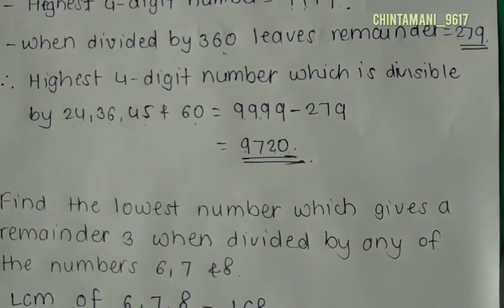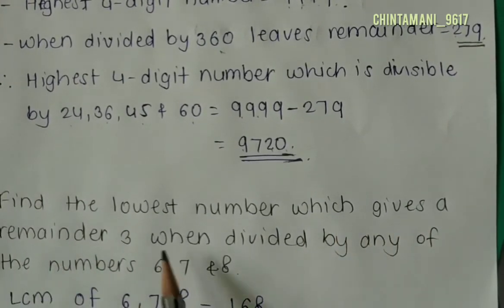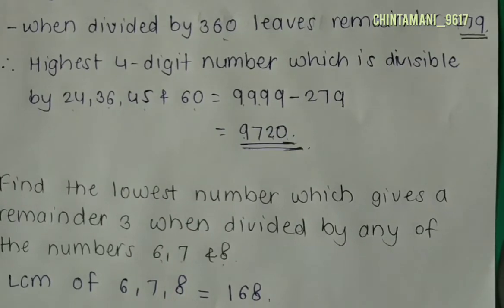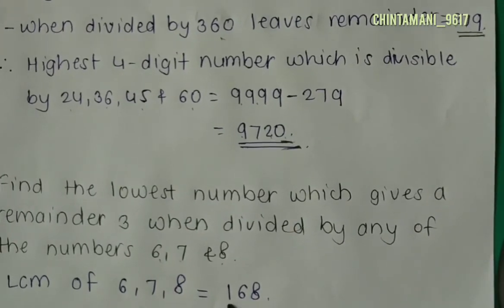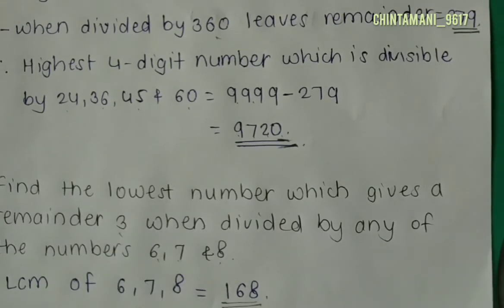The next question is: find the lowest number which gives a remainder 3 when divided by any of the numbers 6, 7, 8. The LCM of the three numbers 6, 7, 8 is 168. And what is the remainder? After dividing, what remains is what we cannot divide further.